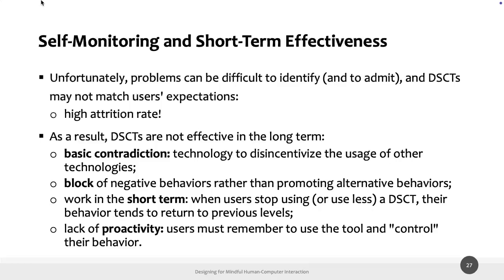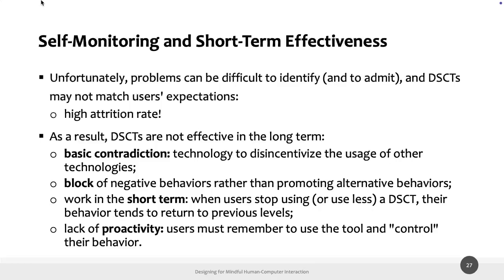There is this contradiction of using technology to block the usage of another technology. There is this focus on blocking negative behaviors rather than promoting alternatives. So they work in the short term. When users stop using a digital self-control tool, their behavior tends to slowly come back to the previous levels of usage.